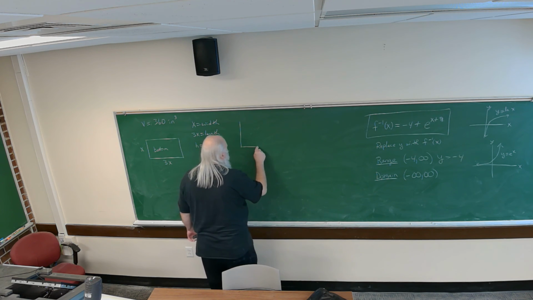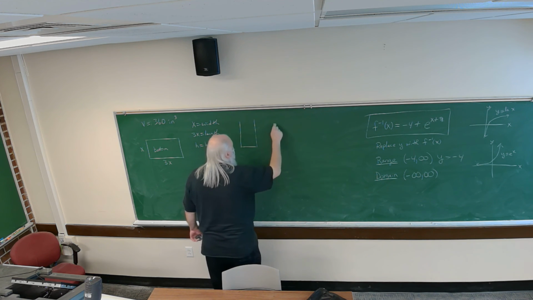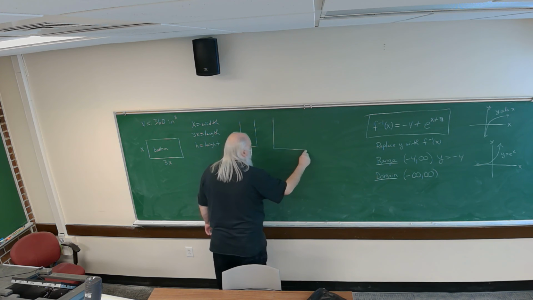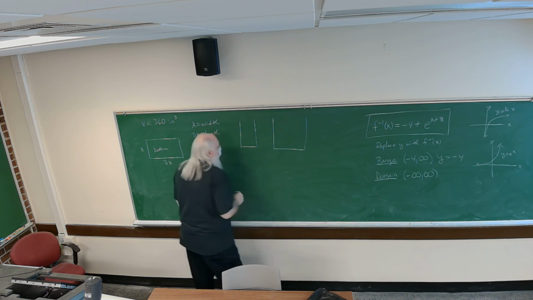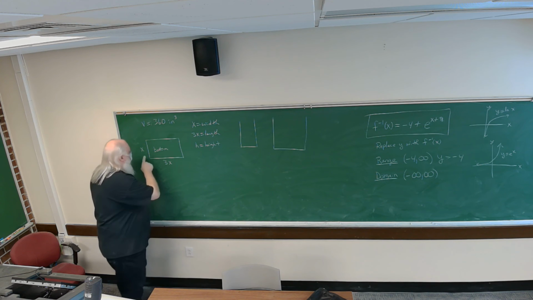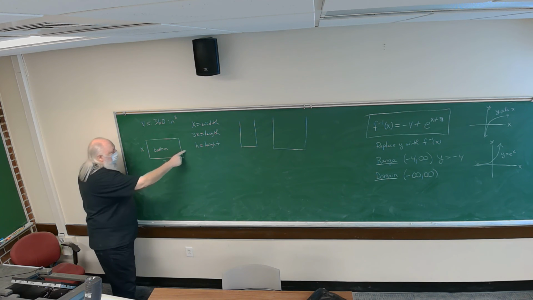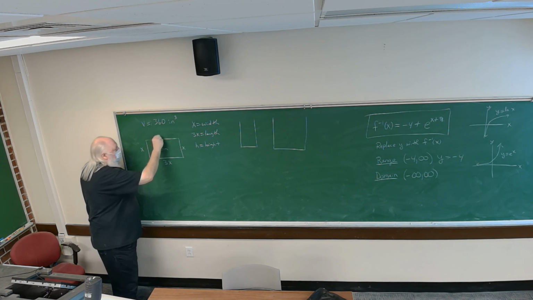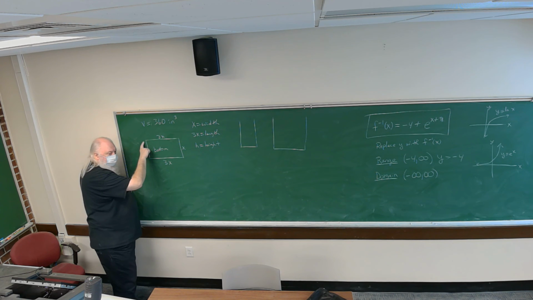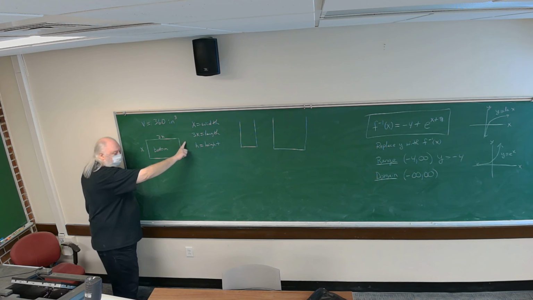But this box is going to have two sides of width x, right? This side of the box is going to have a width of x, and this side of the box is going to have a width of x.